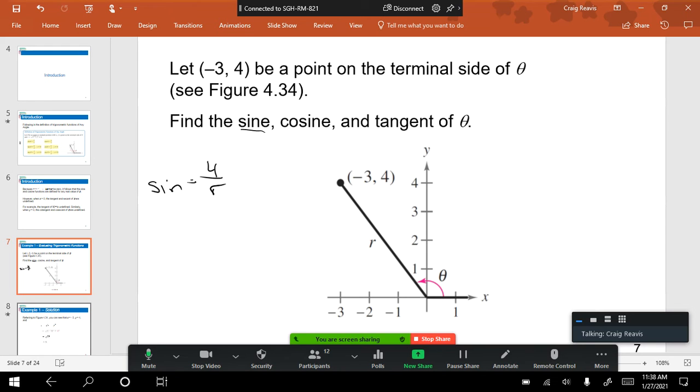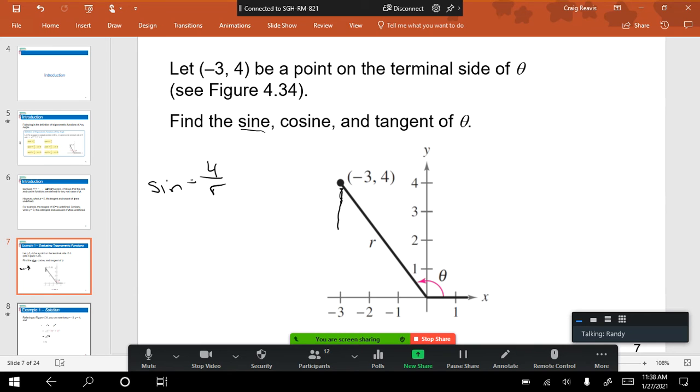Now, is there any way that we can figure out what that radius length is? Anybody have an idea of how we could find out what r is? Say that again. Just look at the graph.